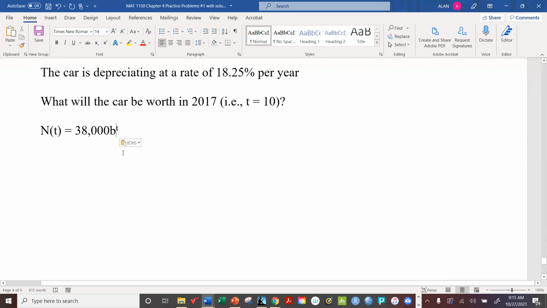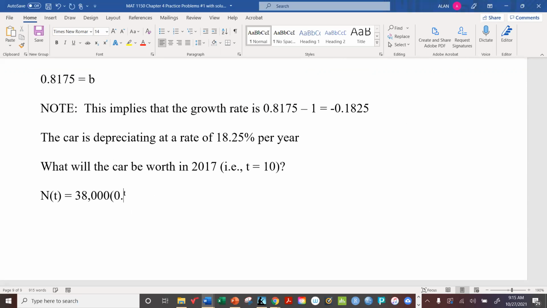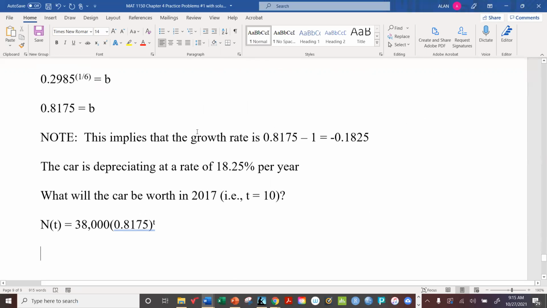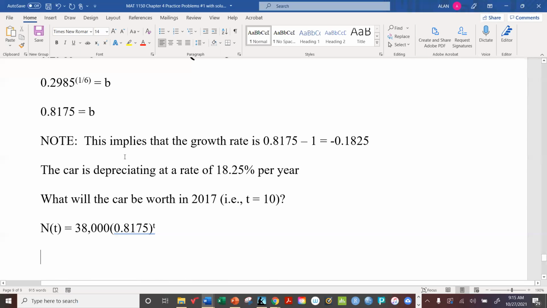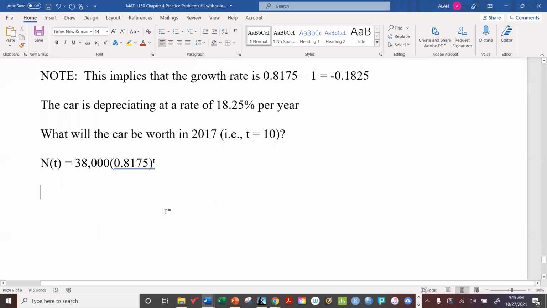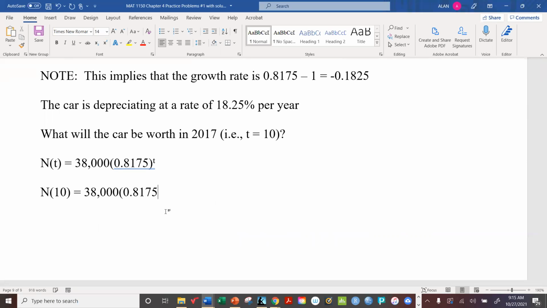Once we figured out what B is, we can simply replace that right here. 0.8175 is now the official general formula. Okay, where we found the B up here. The A we already knew was 38,000 because that was the initial purchase price. So to find N of 10, all we have to do is replace that T with a 10.